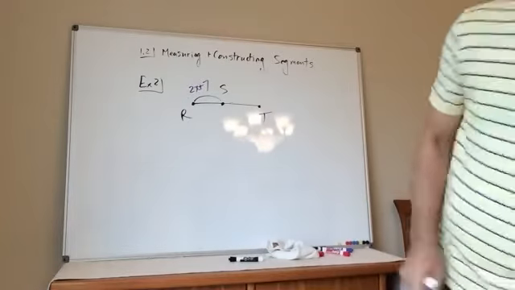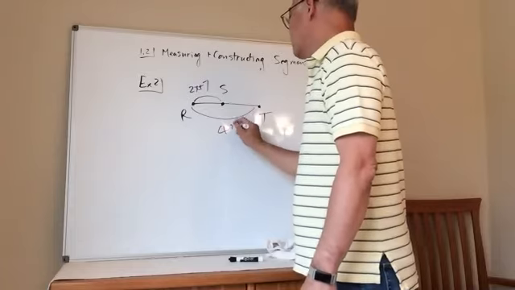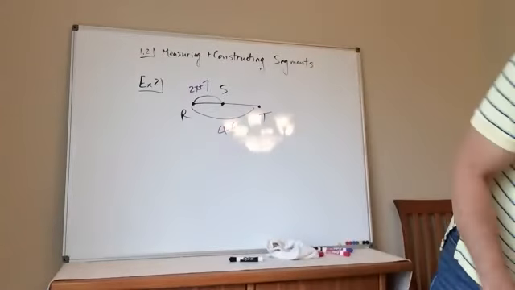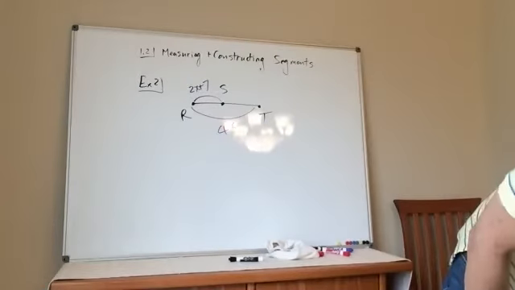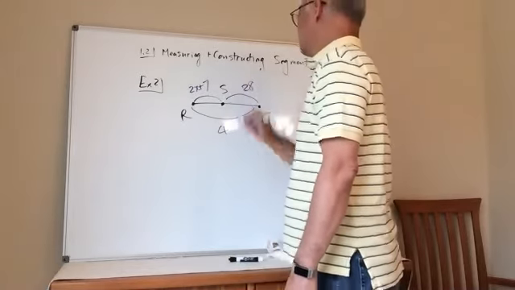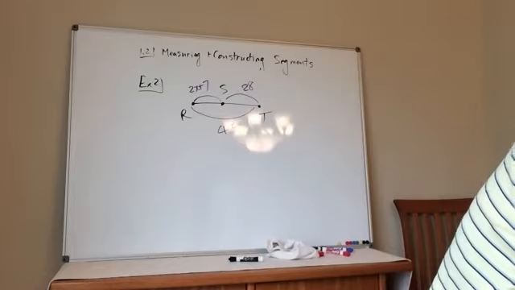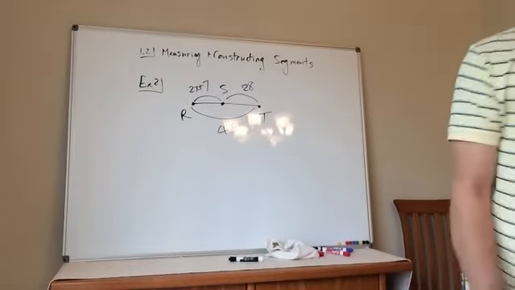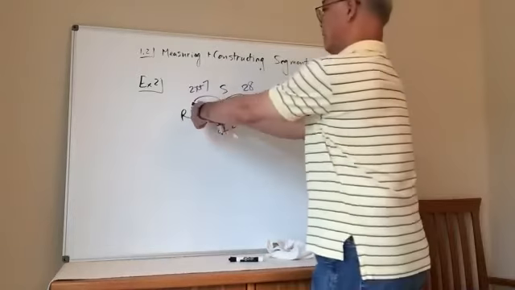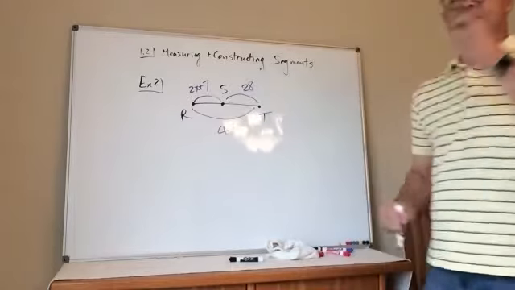Then from here to here is 4x. And then from here to here is 28. And find the distance of RT. So we're trying to find this distance here, the full distance.